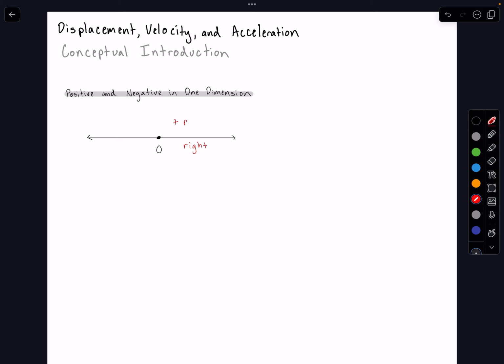This is not always the case, but most of the time, the right direction is the positive direction. And then on the other hand, the left is the negative direction. So -1 would be on this side and +1 would be on the other. Negative.